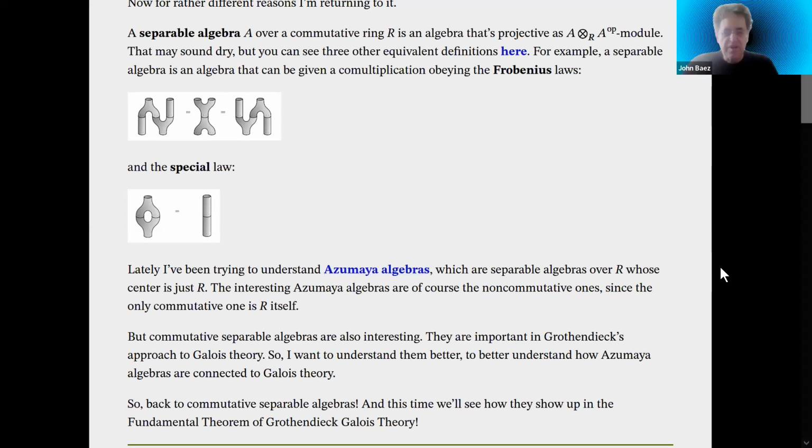For example, the Azumaya algebras, which are only interesting if they're non-commutative, give you elements of the Brauer group.